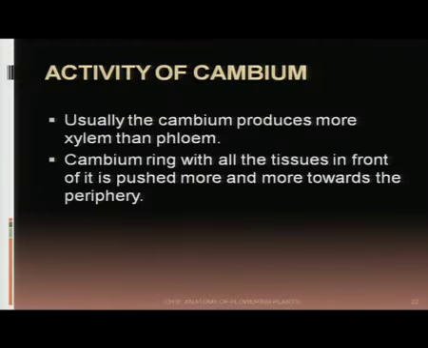Generally, the cambium produces more xylem than phloem, and the cambium ring with all the tissue in front of it is pushed more and more towards the periphery. A lot of xylem is being formed, and as the secondary xylem is being made, the cambium is pushed towards the cortex because a lot of tissue is being made in front of it.